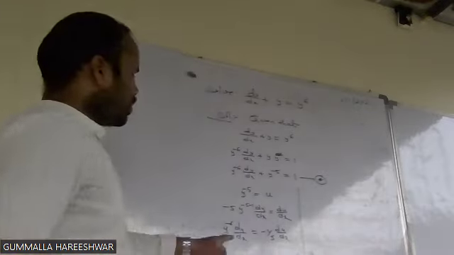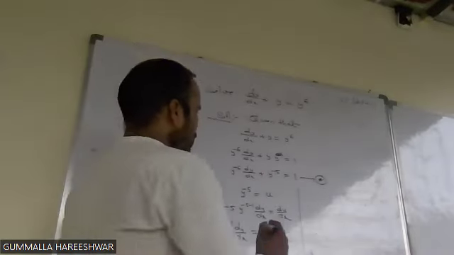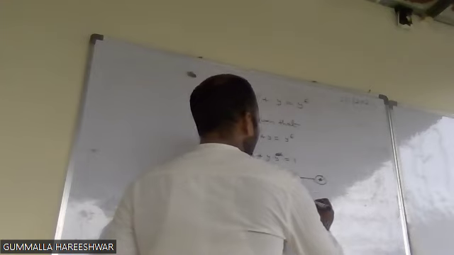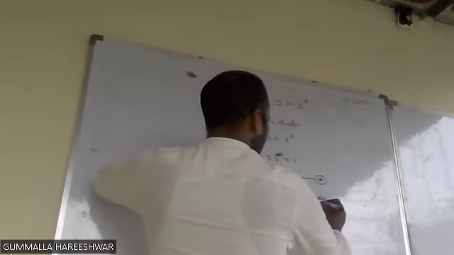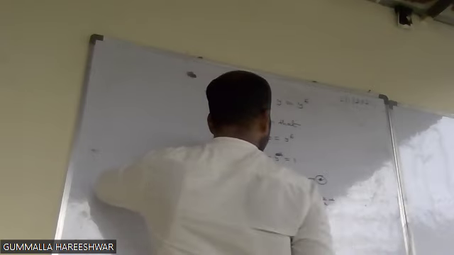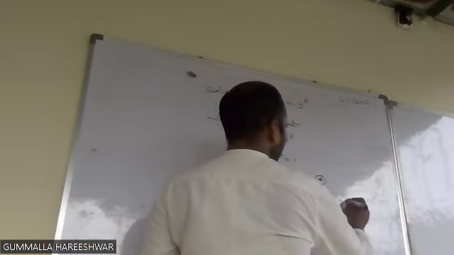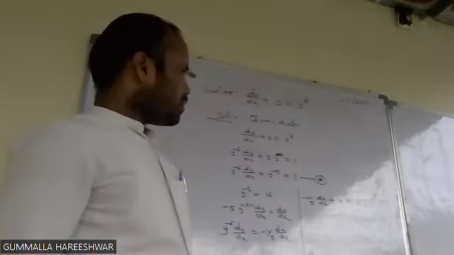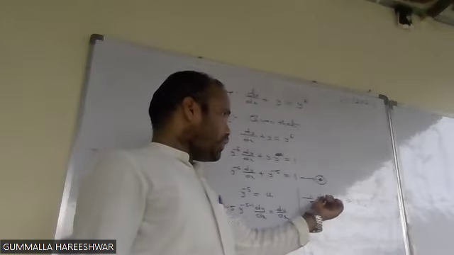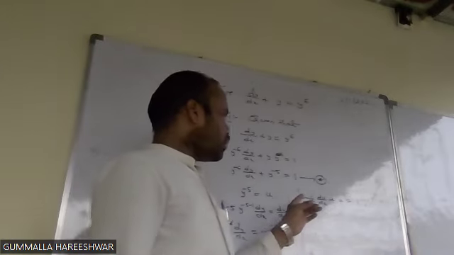We get minus 1 by 5 du by dx, plus, in place of y power minus 5, I'm writing u, equals 1. In a linear equation the coefficient of du by dx does not contain any term, so I'm removing this term.